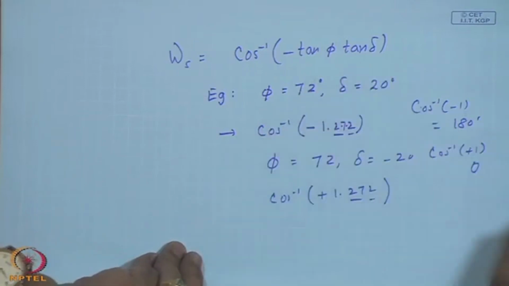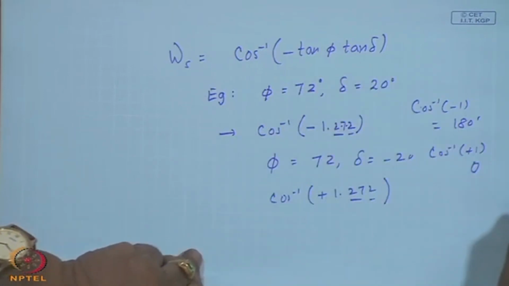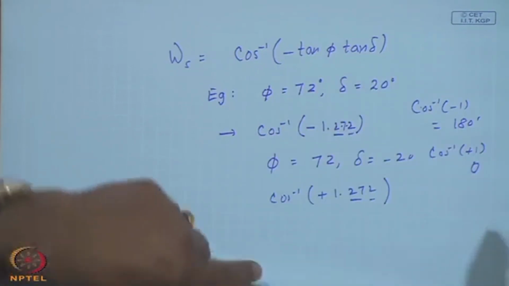But this is a real situation. There are people at 70 degrees latitude also, and declination is there, right. Somewhere we are making a mistake. Nothing is wrong in this equation as such, but we are unable to calculate because cosine inverse is not defined.